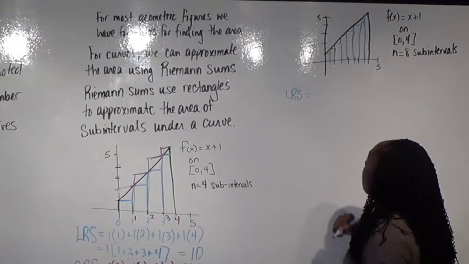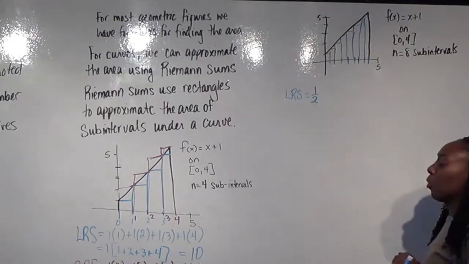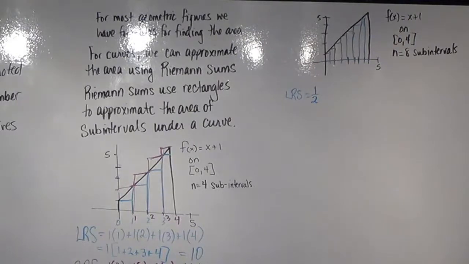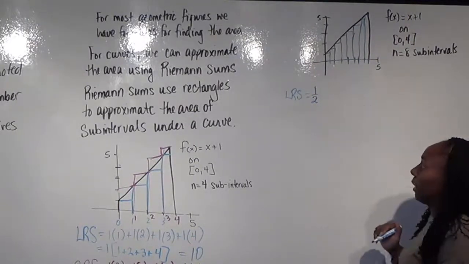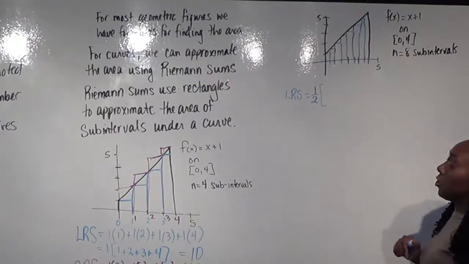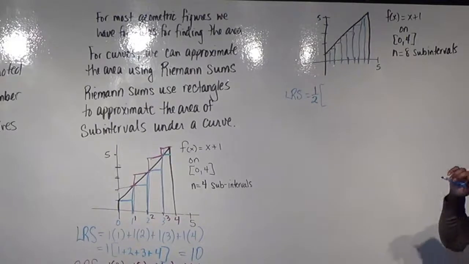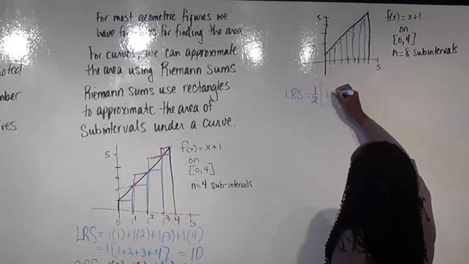Okay, and so again, in this case, I know my width of my interval for all of these is going to be 1/2. Right, so from 0 to a half to 1, 1 to a half, 3 1/2, etc. And then I just need my height of the function at each of the sub-endpoints. Okay, so again I'm starting at 0, so I'll be at 1.